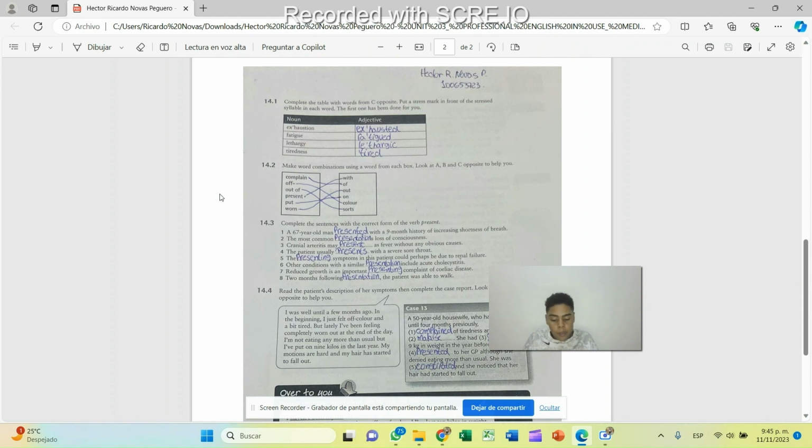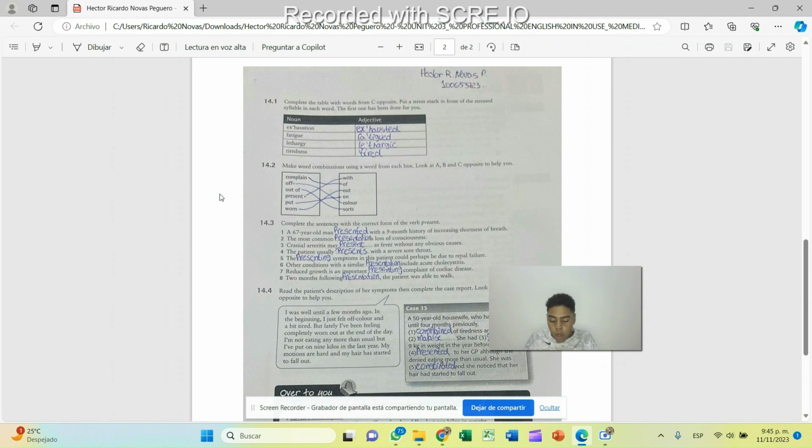14.3. Complete the sentences with the correct form of the verb present. 1. A 67-year-old man presented with a 9-month history of increasing shortness of breath. 2.